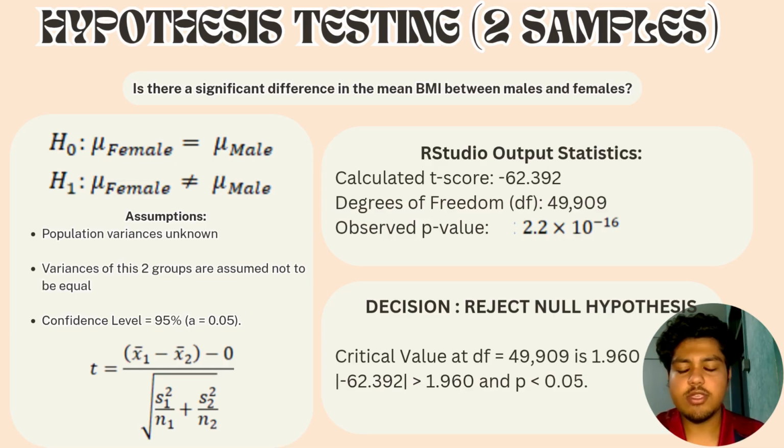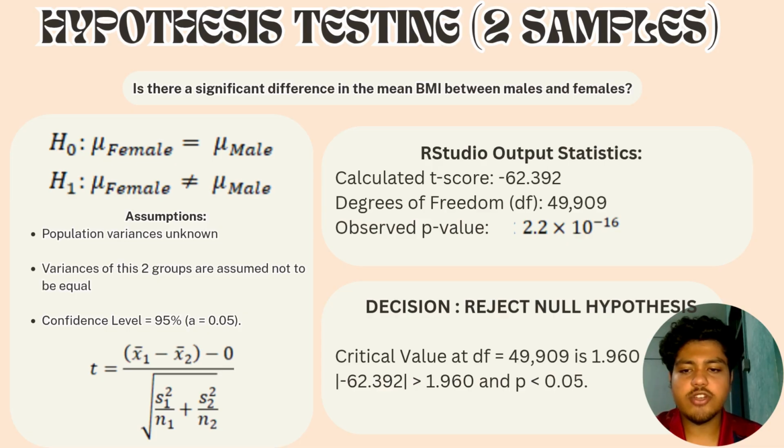When we executed this script in RStudio, the software generated some very extreme results. Our calculated t-score is a massive negative 62.392. Because our sample size is so large, our degrees of freedom is 49,909.